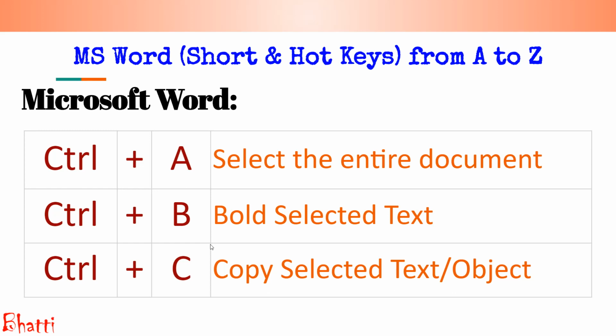Control B, bold the selected text. Whatever is selected, either a word, character, paragraph, or the whole document, will convert into bold text. Bold is not applicable to objects, but it is applicable to text. Control C, copy.